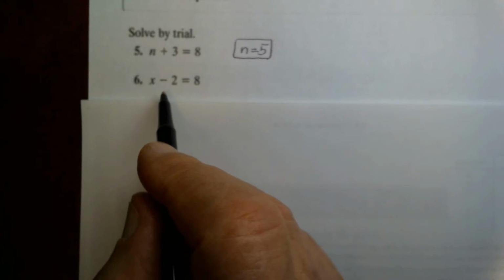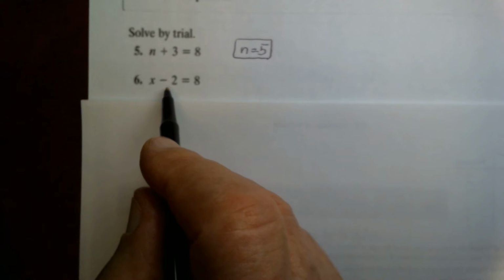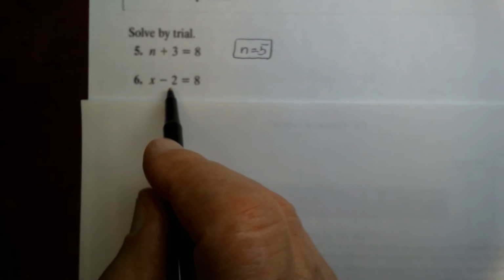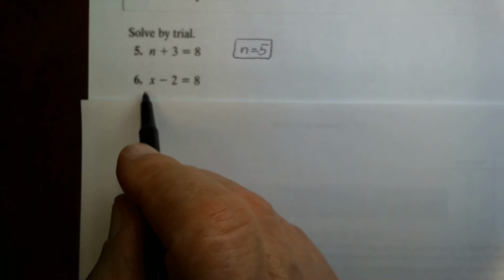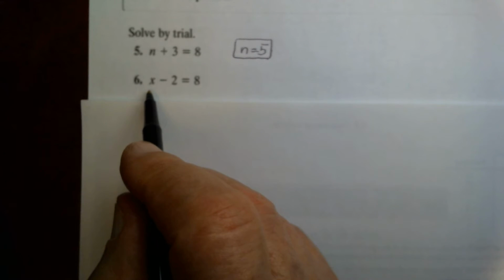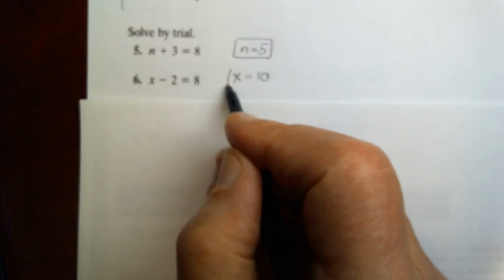So we can just begin maybe with 12, and 12 minus 2 is 10, so x could not equal 12. If x is equal to 11, then 11 minus 2 is 9, so that isn't it. But if x is equal to 10, then 10 minus 2 is indeed equal to 8. So in this case the solution is x equals 10.